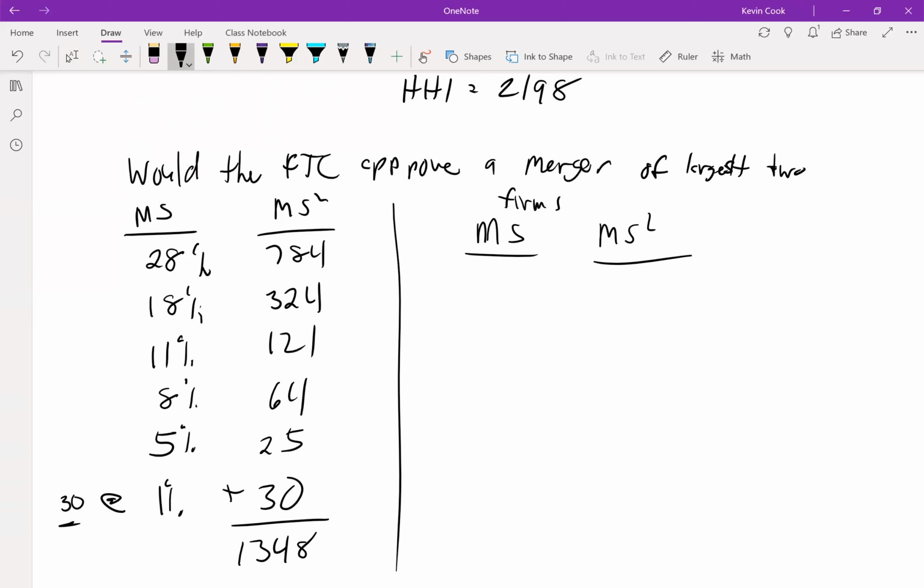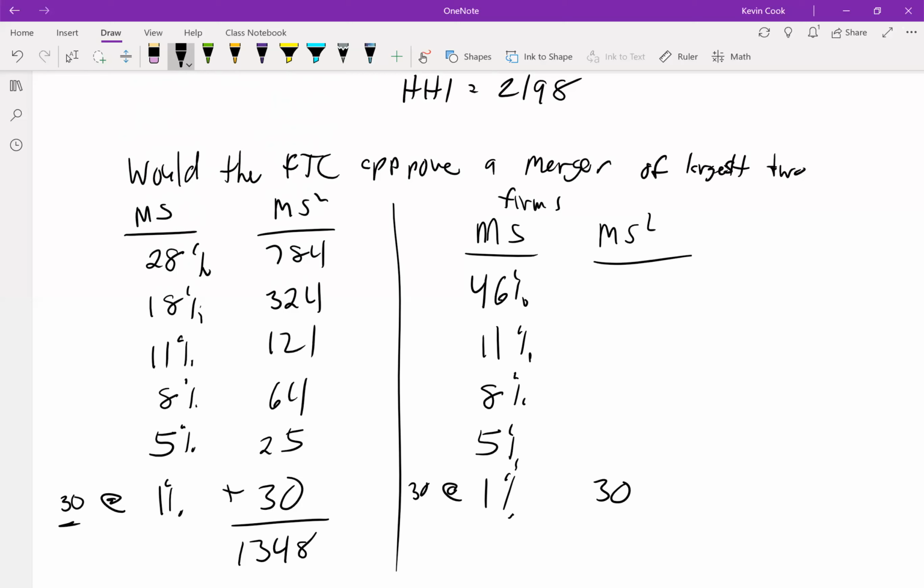So that means we have a new super firm that has 46% of the market. Then we have an 11, an 8, a 5, and the 1, which again is going to be 30 firms.